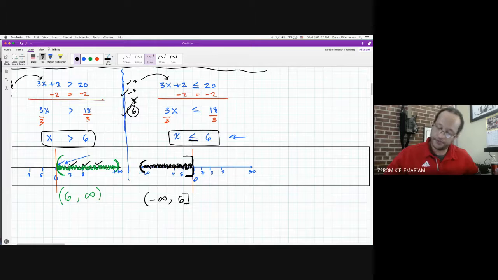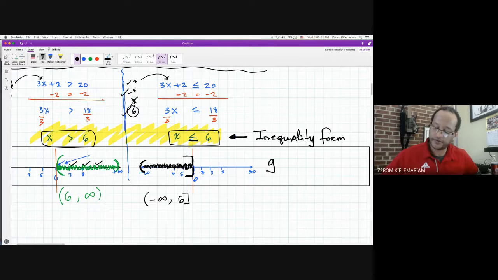On above, right here, this portion is known as my answer in inequality form. In the box, it is my answer in graphing form. On the bottom, it is called interval notation.